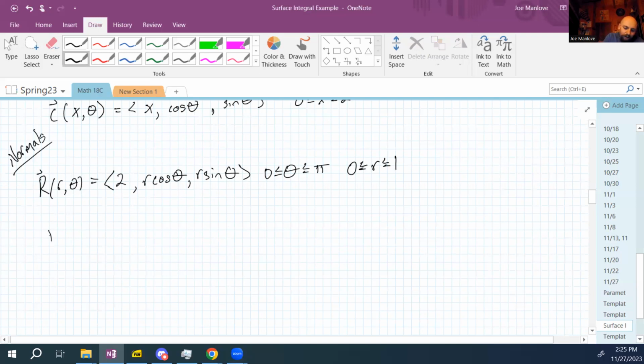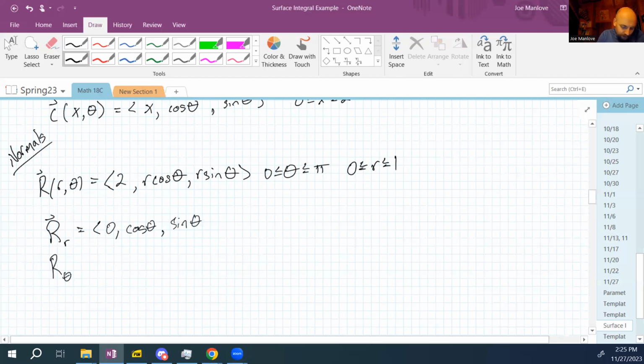So for R, I'm going to calculate R sub R, right? So the R partial of R. Math again, sorry, the names are terrible here. So the R partial of R is going to give me about 0, and cosine theta and a sine theta.